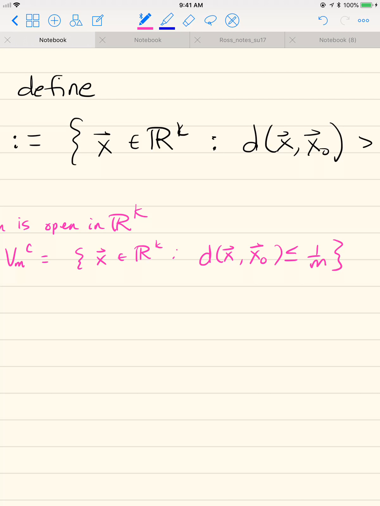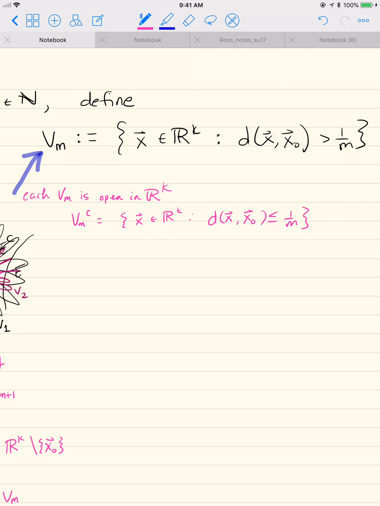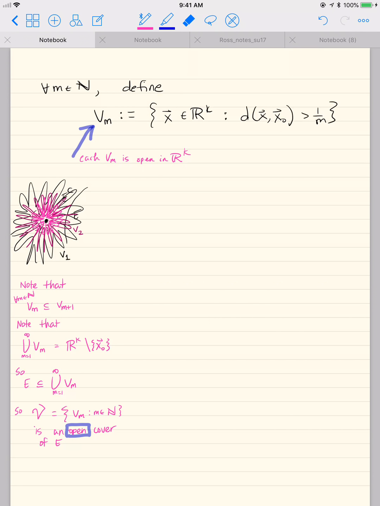So that is a closed ball centered at x naught with a radius of 1 over m. Since those are closed, which you proved as part of your exercises, that means that the complement is open. So our cover consists of open sets.